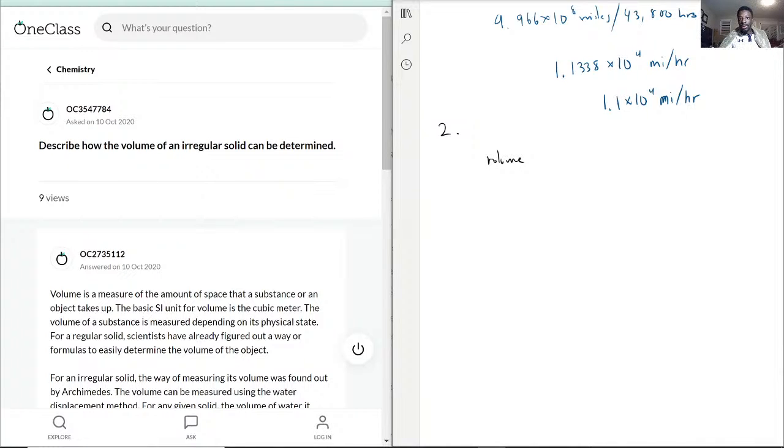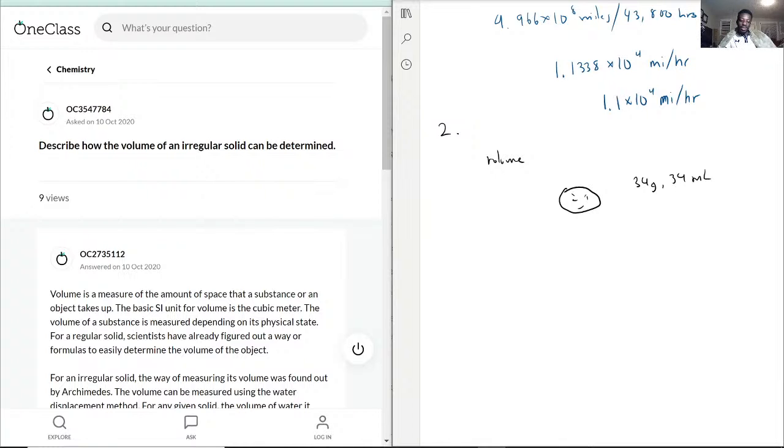So usually, you know how you can see, let's say, a rock or something, right? And then they'll say this rock is like 34 grams, or they'll actually put 34 volume sometimes. I mean 34 milliliters, something like this.